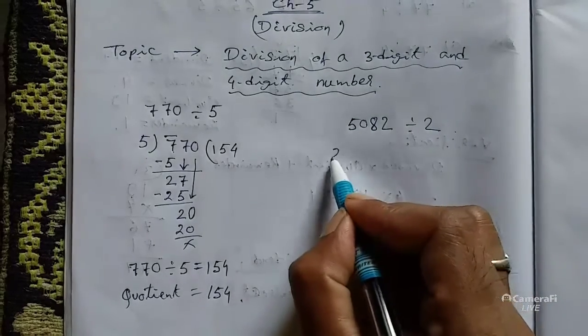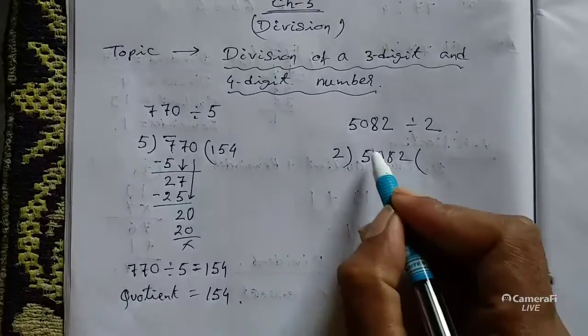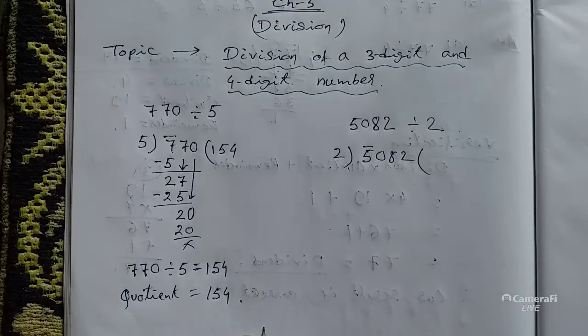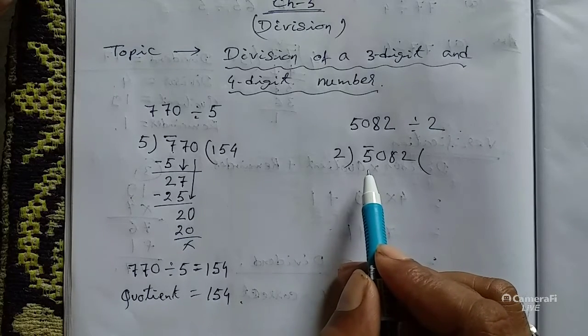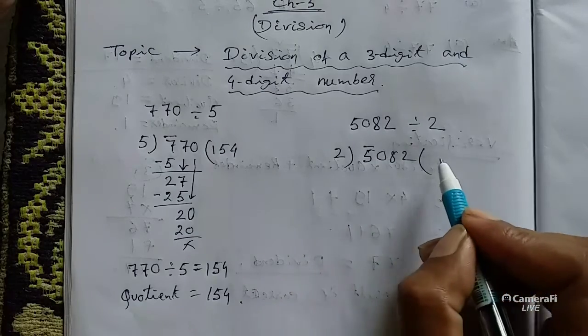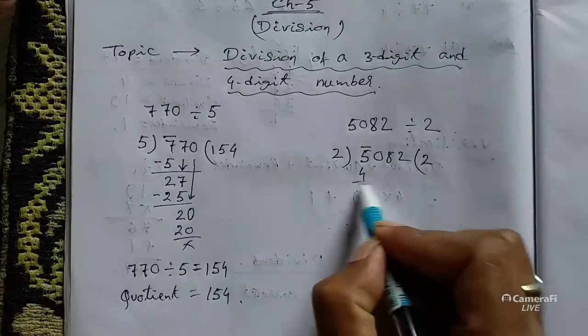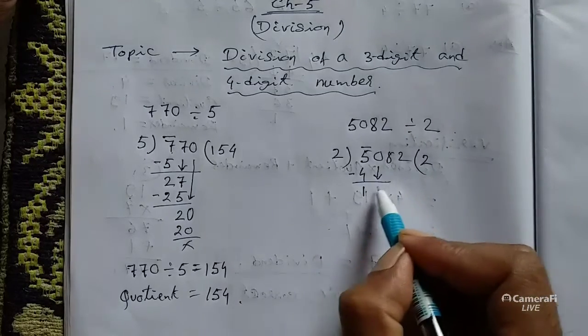Let us proceed. 5082. First take 5, which is greater than 2. So we can go through the table of 2 until we get 5 or just greater than 5. 2 2 is 4, 2 3 is 6, which is greater. So 2 2 is 4 is fit. Subtracting we get 1.